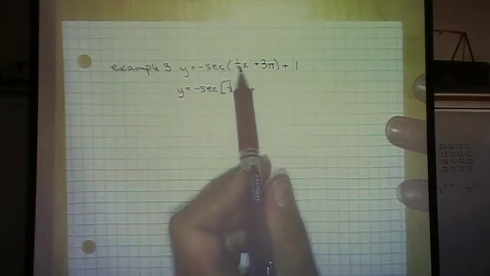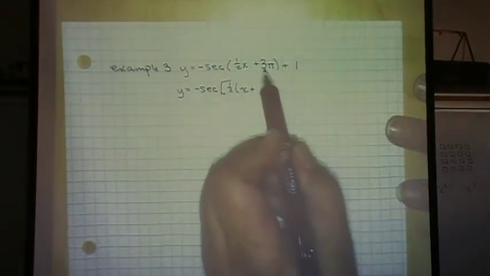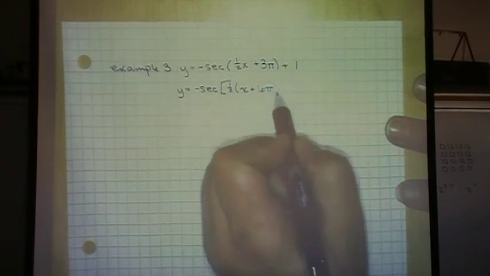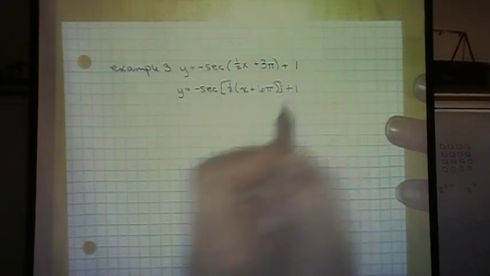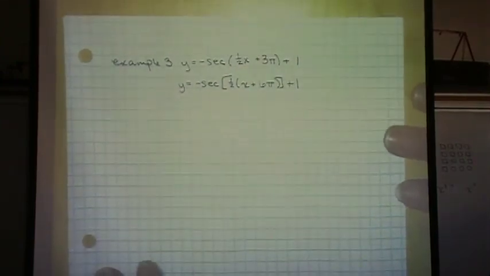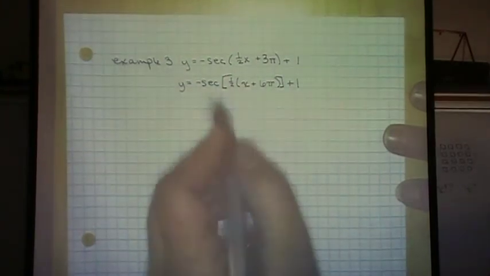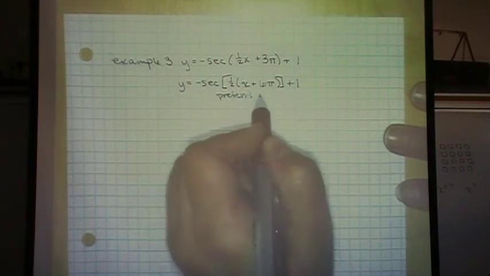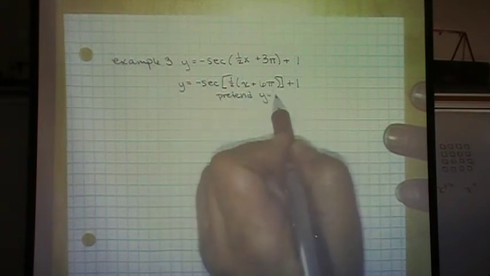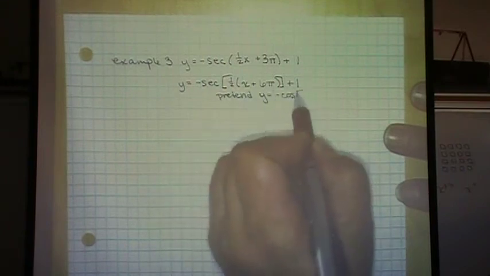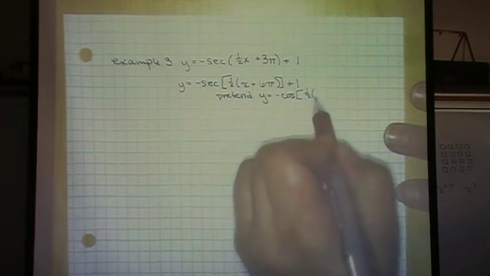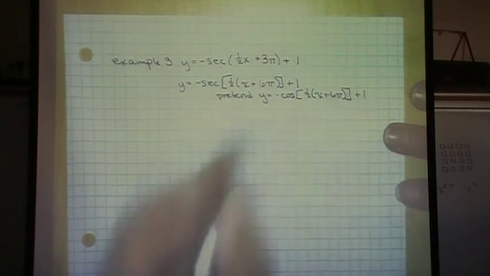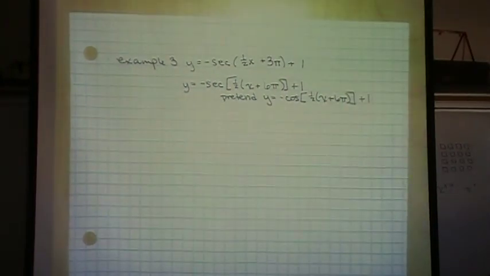Factoring out that 1/2 is the same as multiplying by 2. So that's going to make that a 6 pi plus 1. Okay? So again, we're going to pretend that this is y equals negative cosine of 1/2 x plus 6 pi plus 1. We're going to graph that one, and then we're going to rip it and flip it.